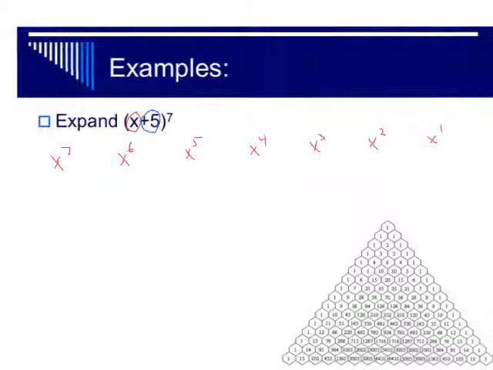Then the numbers, the b part, those are going to show up in every term as well, and they're going to be going backwards. And so I actually write these backwards and start with the very last term. It won't have any x's in it.